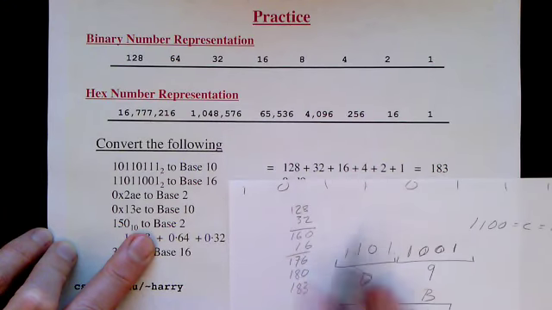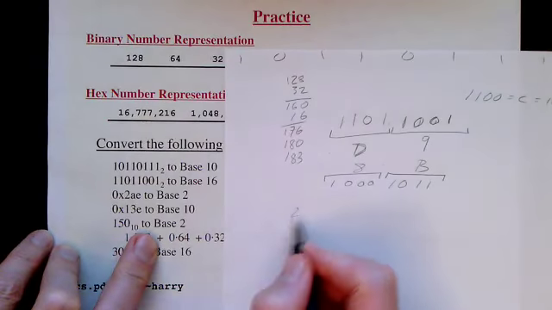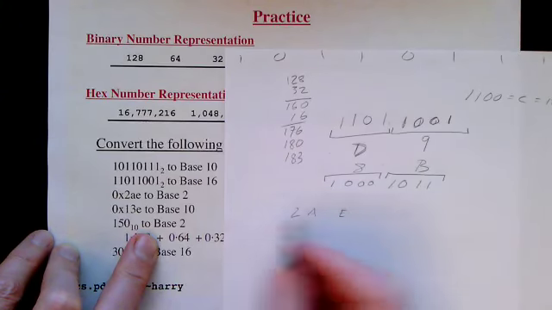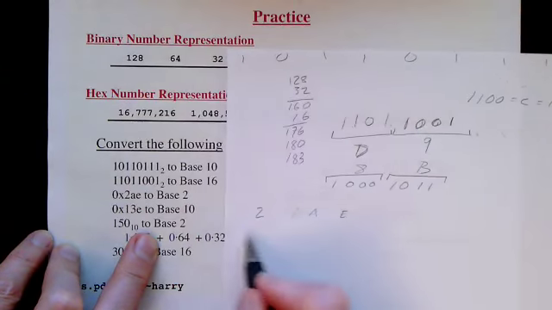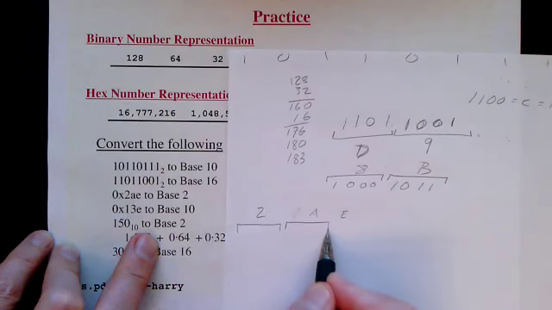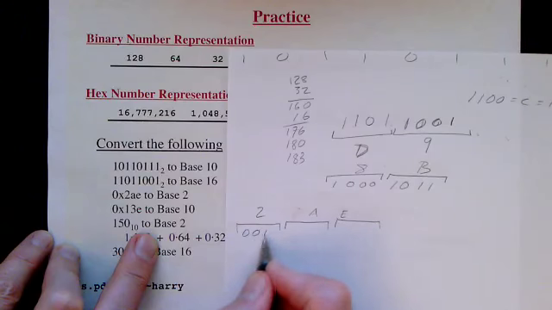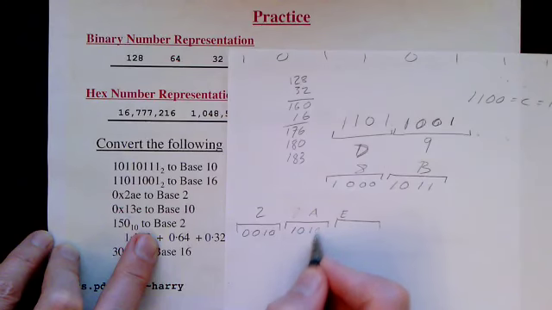Now that's what we're being asked to do in the next example. We're asked to convert 2AE to binary. So let me write it like this. We need 4 bits there, 4 bits there, and 4 bits there. 2 is just 0010. A is 1010.